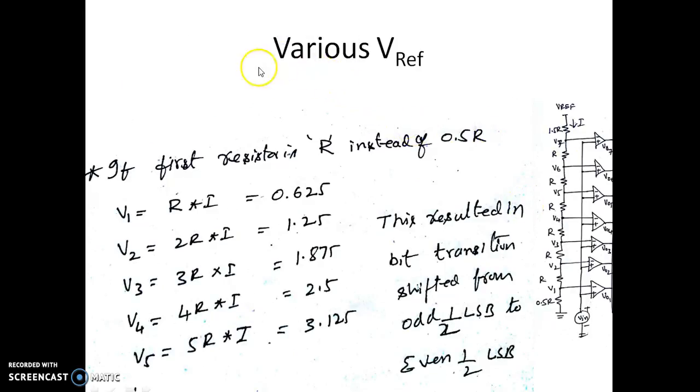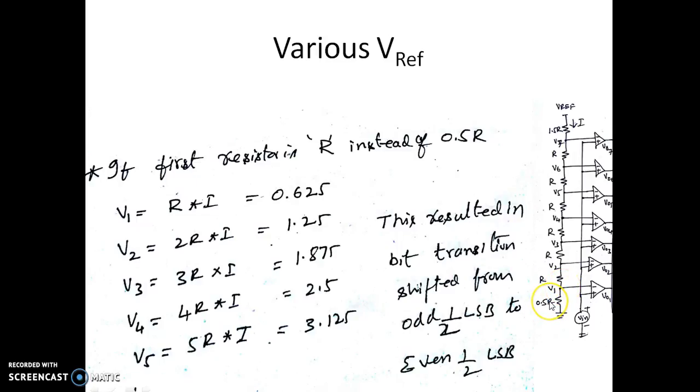Now, suppose instead of having it as 0.5 R, we have it as just R. If the first resistor is R instead of 0.5 R, we're going to have different voltages for V1, V2, V3. In the earlier case, V1 was actually 0.3125 volt, which happens to be half LSB.